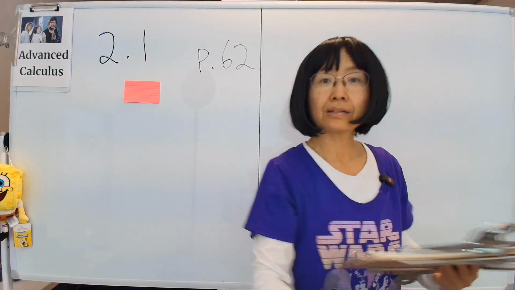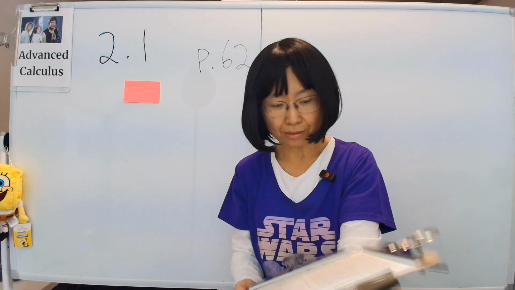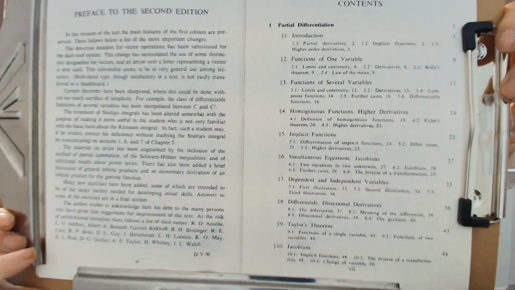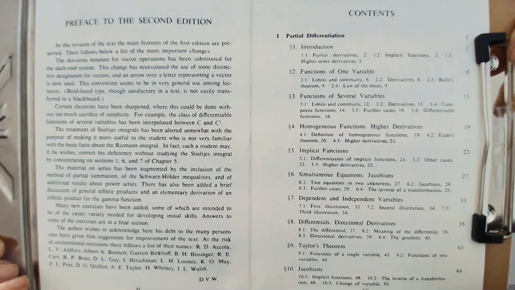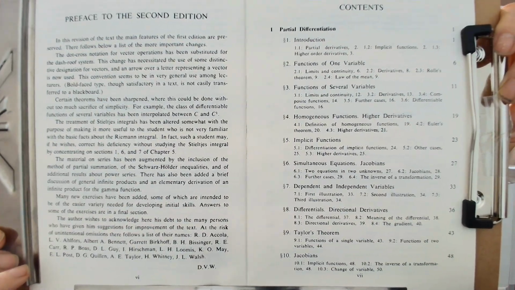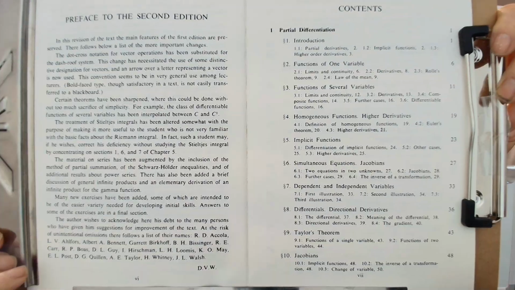And now I also want to show you the contents page, because a couple of days ago I was looking up the content because I already forgot where I heard what. Okay, so this is contents page 1. You can also see the preface to the second edition. Just in case you need to remember where we learned what.